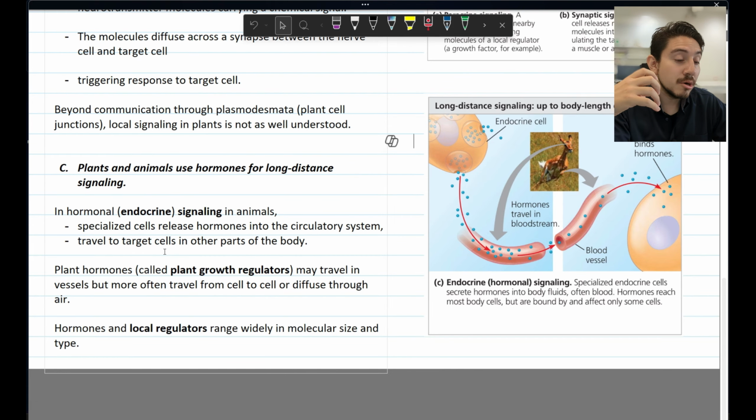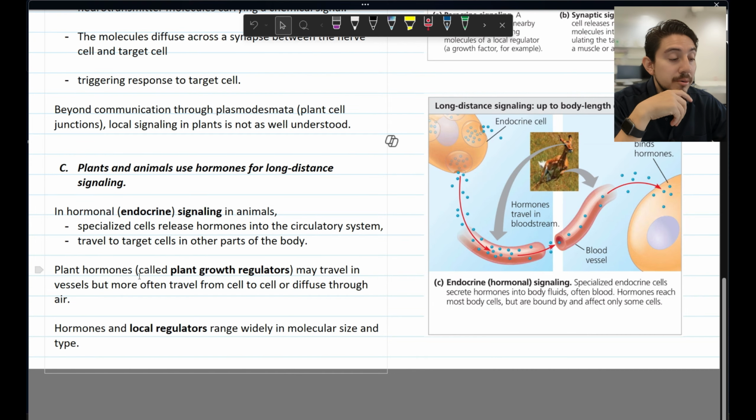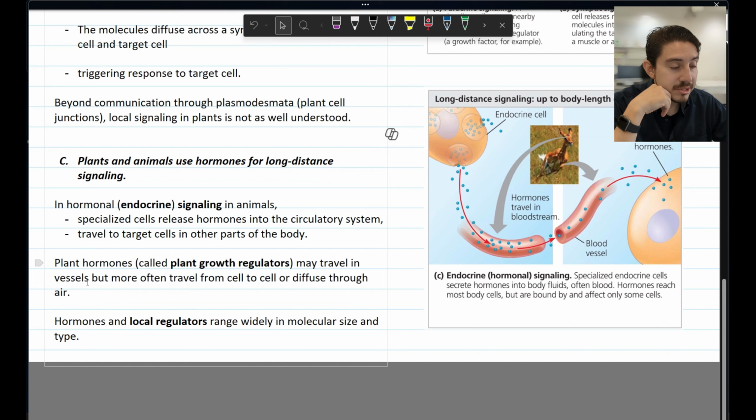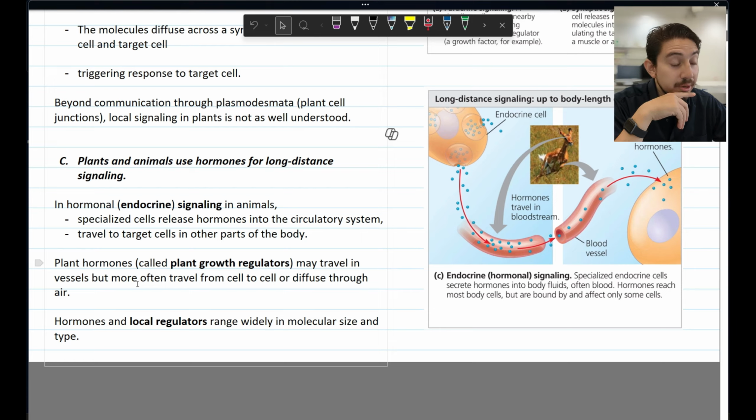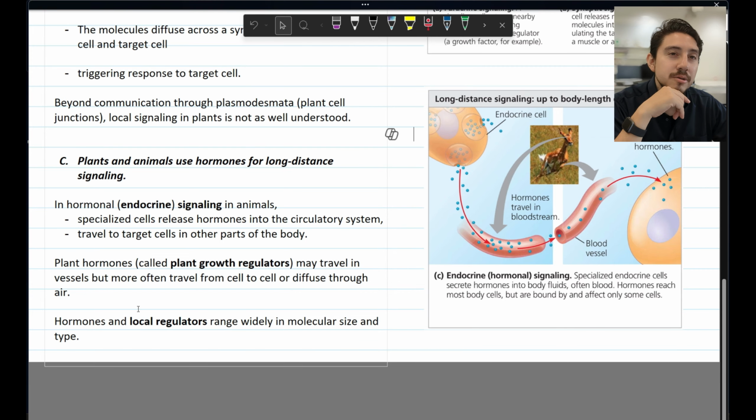These target cells have to have special receptors to receive this hormone. Plant hormones can also undergo this type of work. They have a vascular system, xylem and phloem, and they're able to move these particular signals about. Hormones and these regulators, these molecules, can vary widely in molecule size, shape and type.